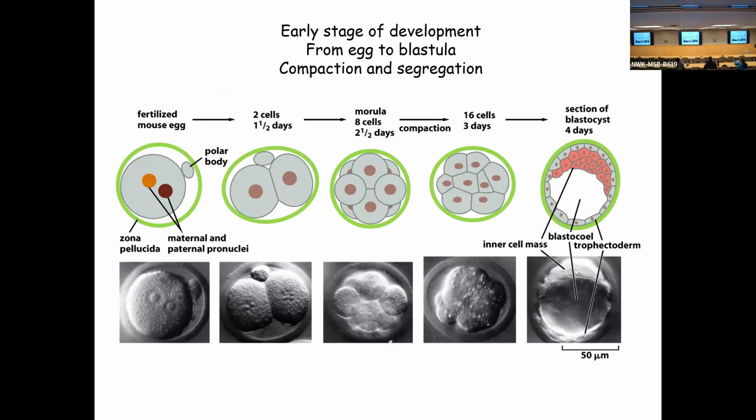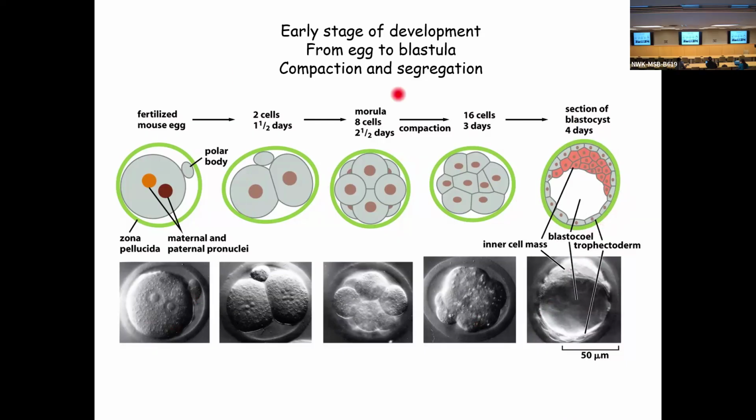So this is a schematic, with the microscopy underneath, of how an embryo, a unicellular oocyte, is fertilized, and it develops into a segregated form, pre-implantation, that is going to be ready for implantation.